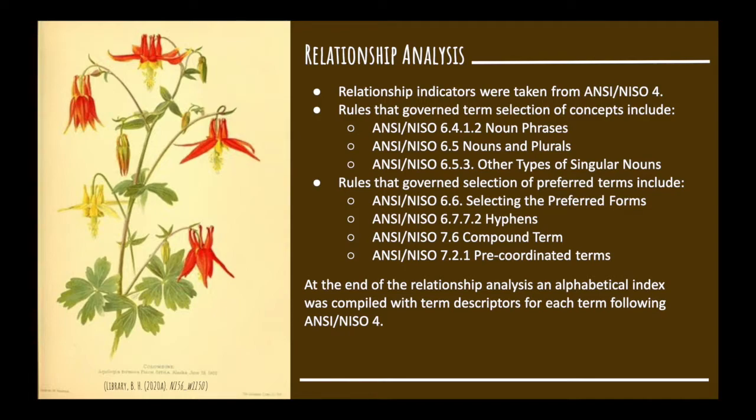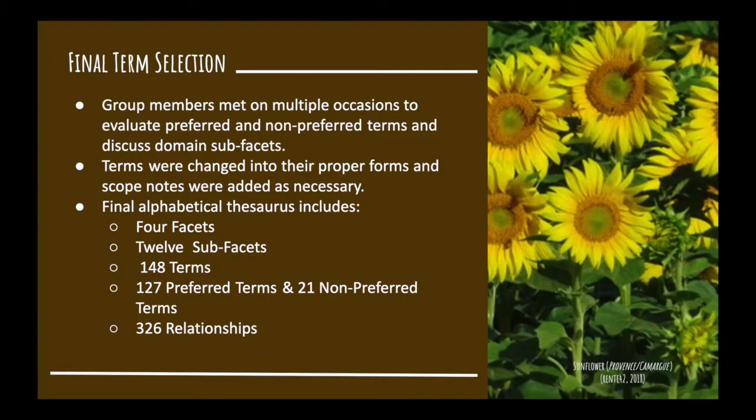At the end of the relationship analysis, we compiled an alphabetical index with term descriptors for each term, following the ANSI-NISO standard. We met on multiple occasions to evaluate our preferred and non-preferred terms and to discuss our domain subfacets. Then, we changed our terms into the proper forms and added scope notes as necessary.